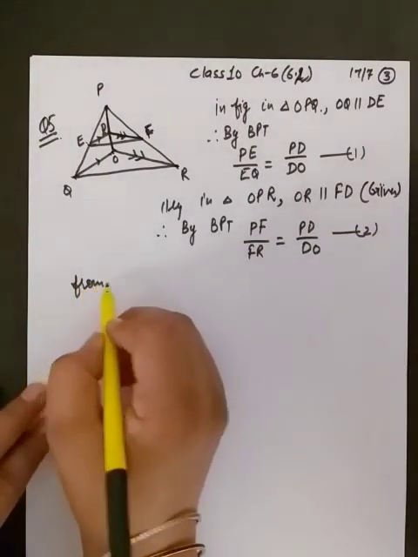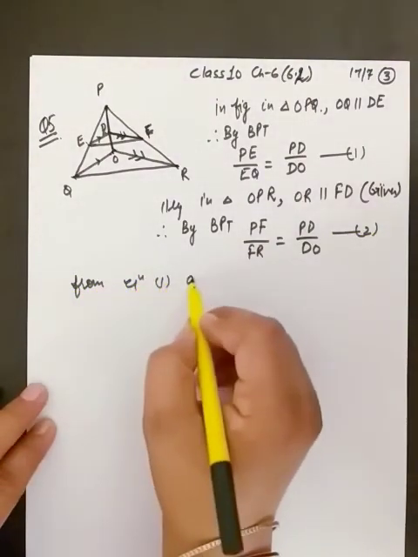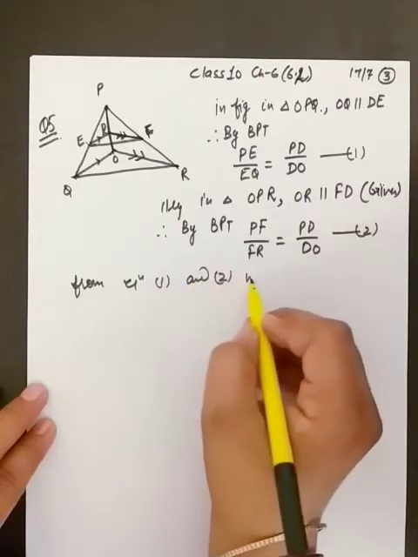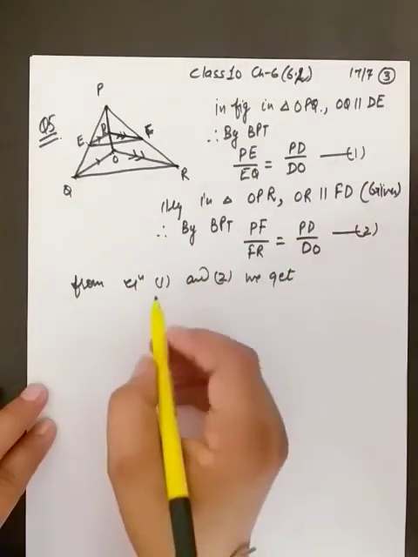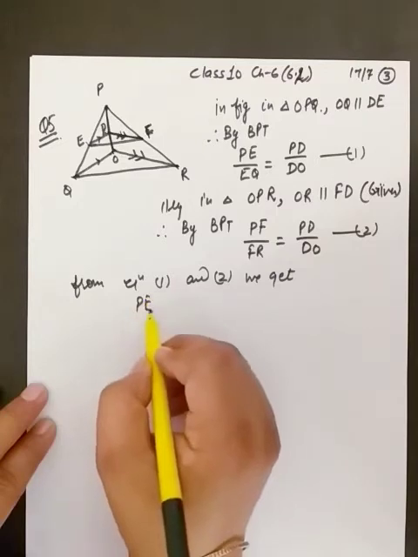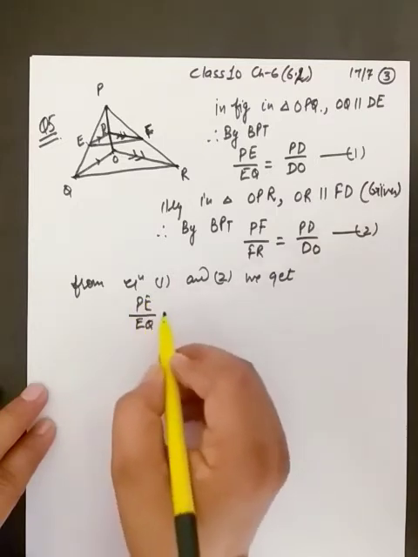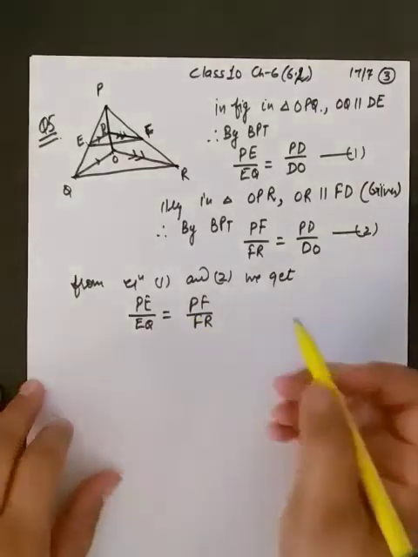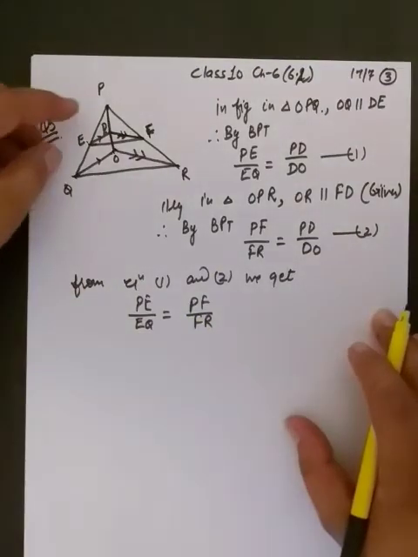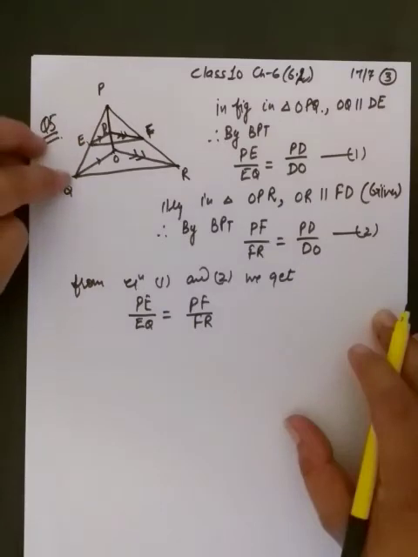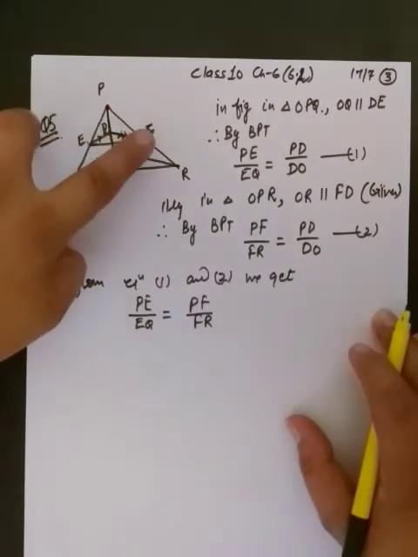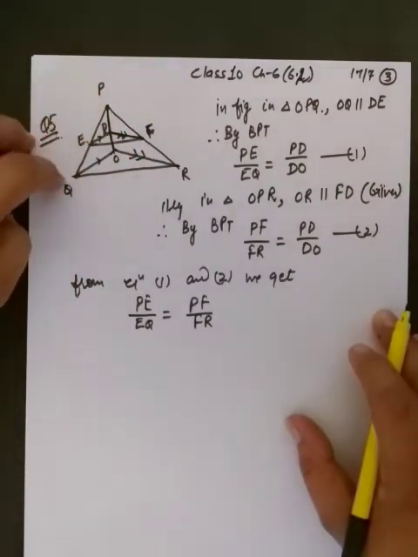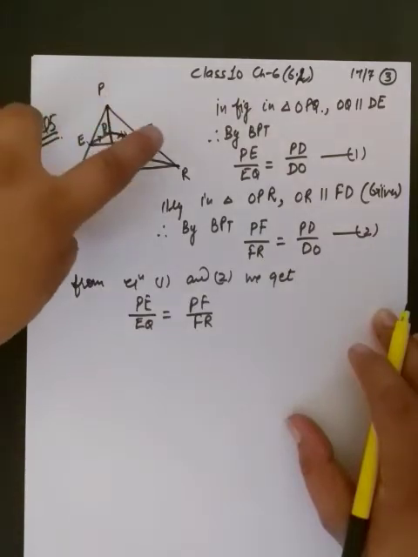From equation 1 and 2 we get PE by EQ is equal to PF by FR. Now look at the figure with the given ratios. We get PE by EQ is equal to PF by FR.